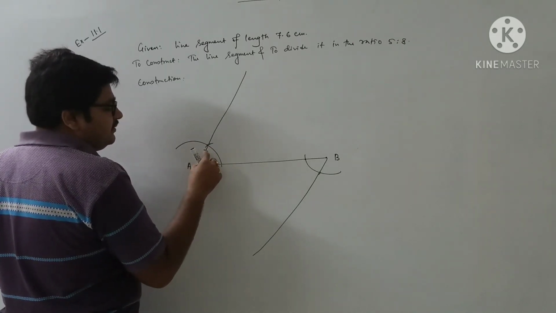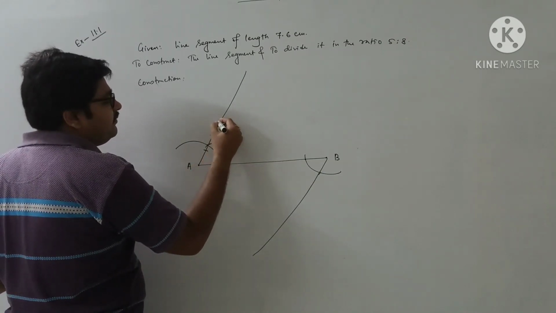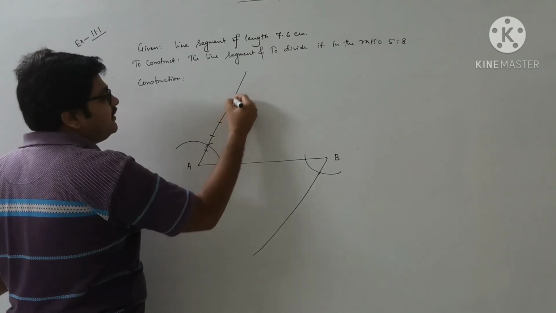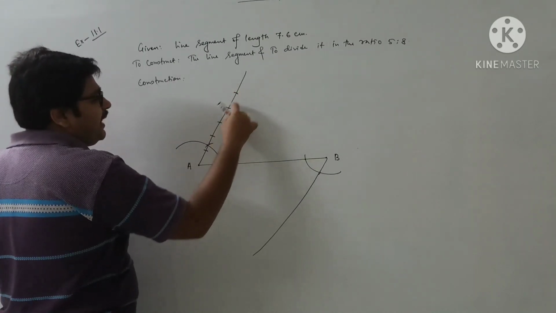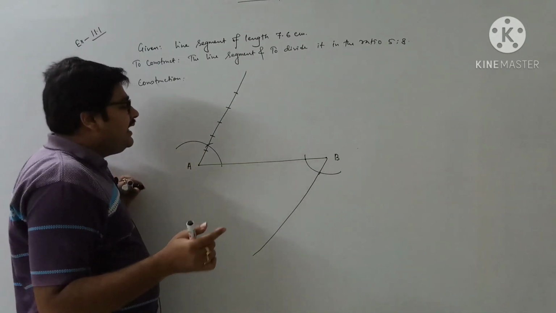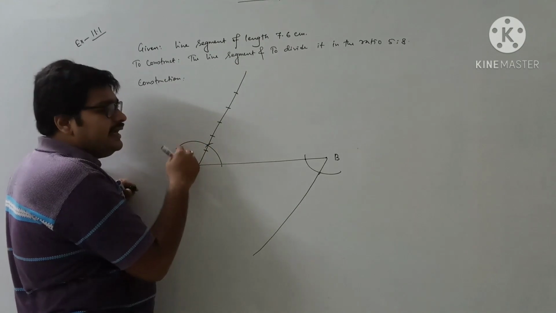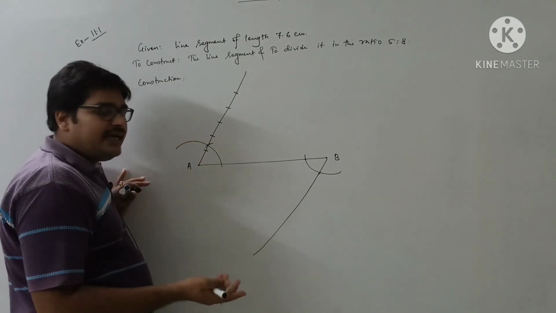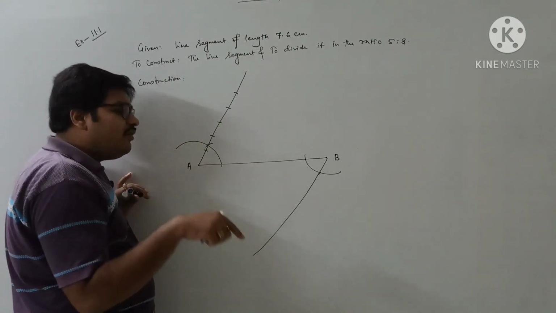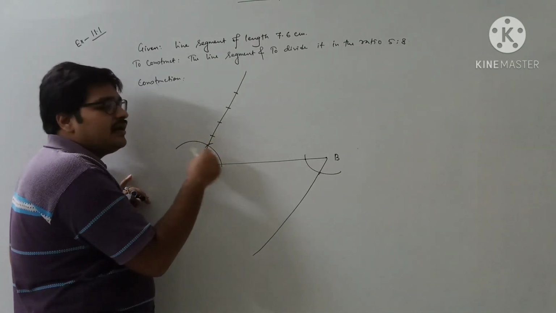So this is my length. 1, putting here another one 2, putting here another one 3, putting here another one 4, putting here another one 5. So the 5 parts we have cut from this line are all equal to each other. You can see here the first part is below the arc. It is not always that it should be like that. It may be possible in your copy that your first part is above the arc.